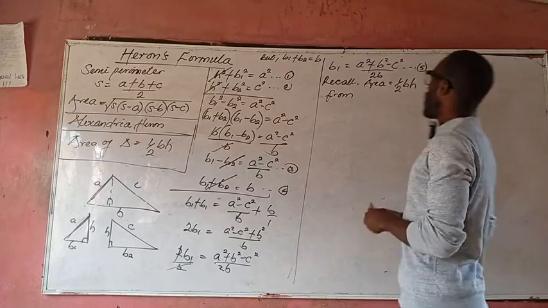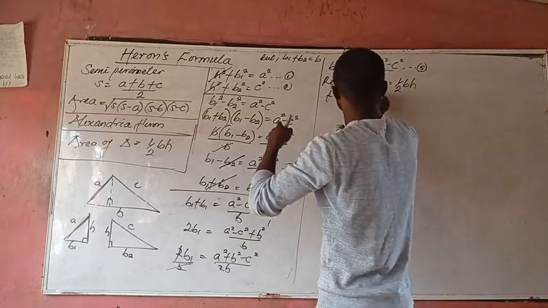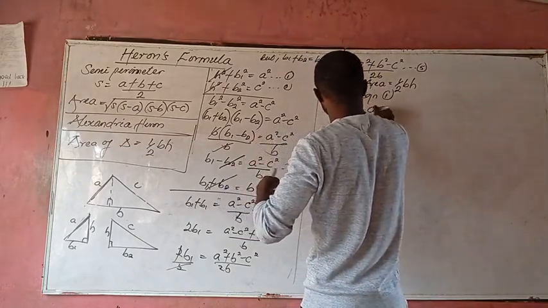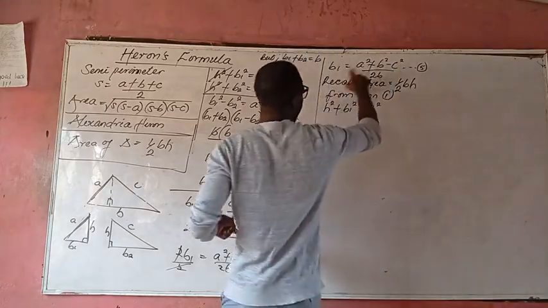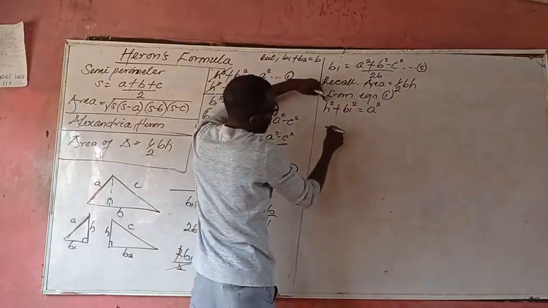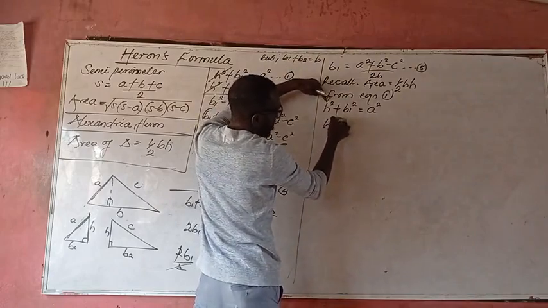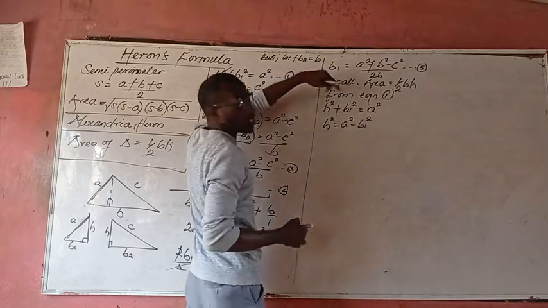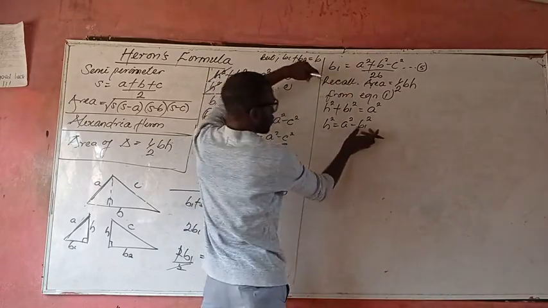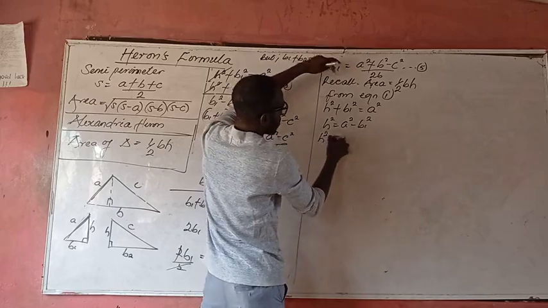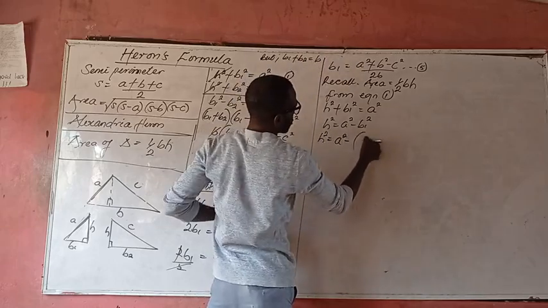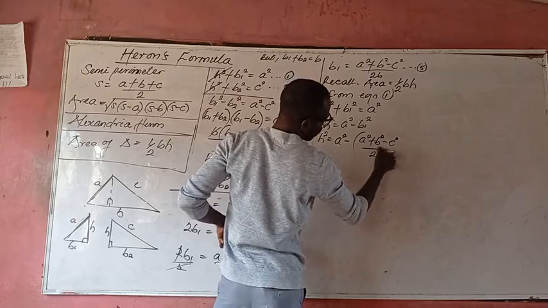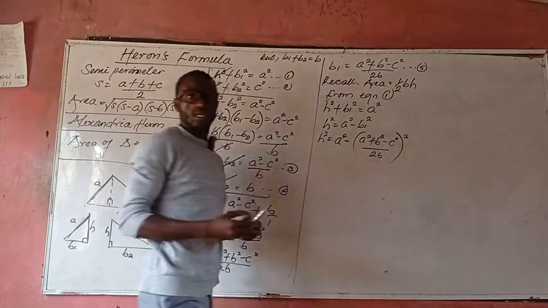Is it making sense? Alright, so from equation 1, we know that H squared plus B1 squared is equal to A squared. So B1 squared, and B1 is this. We can say H squared therefore will be equal to A squared minus B1 squared. So this guy we are going to substitute. So we have H squared is equal to A squared minus ((A squared + B squared - C squared) over 2B) all squared.